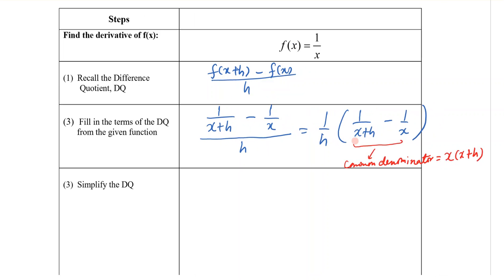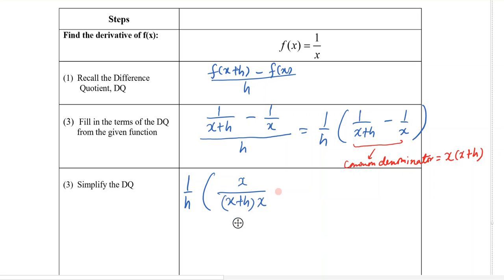So common denominator in this case would be x times x plus h. So I can rewrite my expression as, since x plus h is already there, but we need to bring x here, so divide by x, multiply by x, and 1 times x is just x.